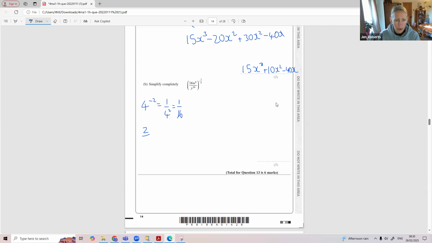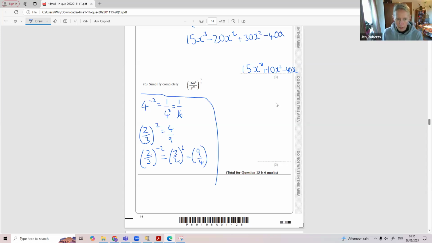If it was 2/3 squared, we just square everything inside your bracket, 4 over 9. But if it's 2 over 3 to the minus 2, the minus means you flip it and then you square it. So I'd flip it first and then square it. Okay, that's absolutely nothing to do with this question. It's just a little explanation.